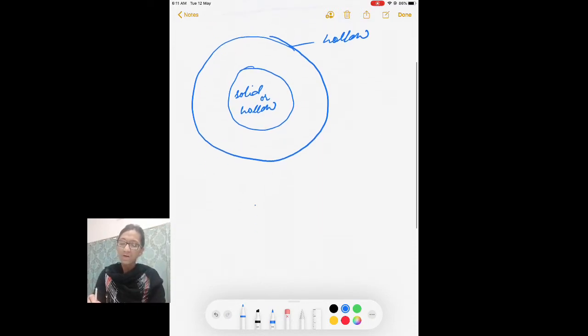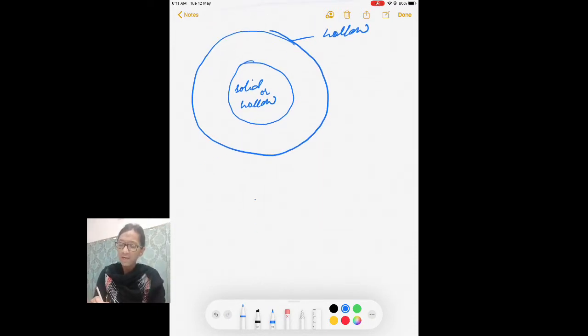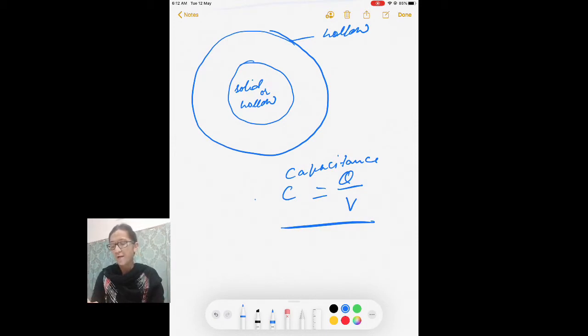Now we know that capacitance is equal to charge per unit potential. So for finding capacitance we need to find these two quantities, charge and potential.